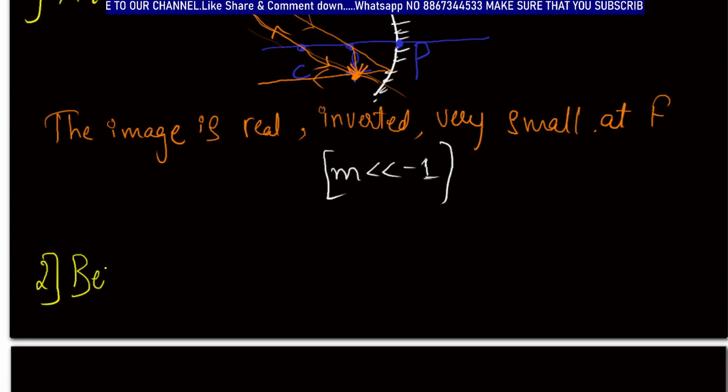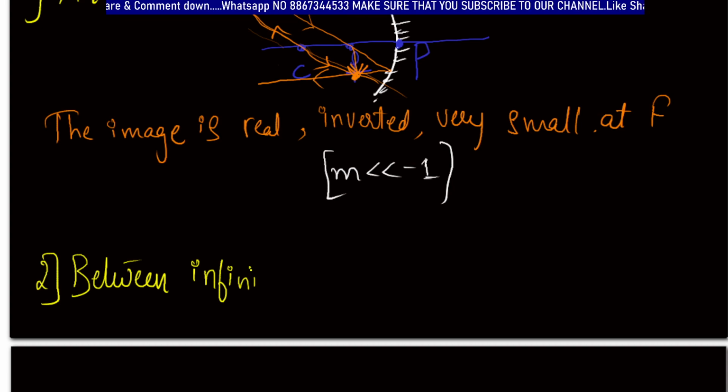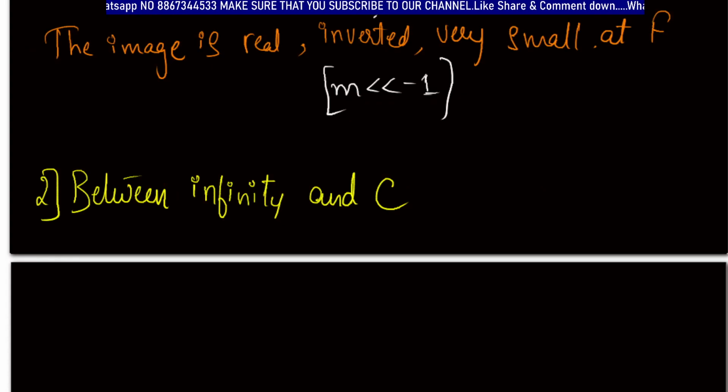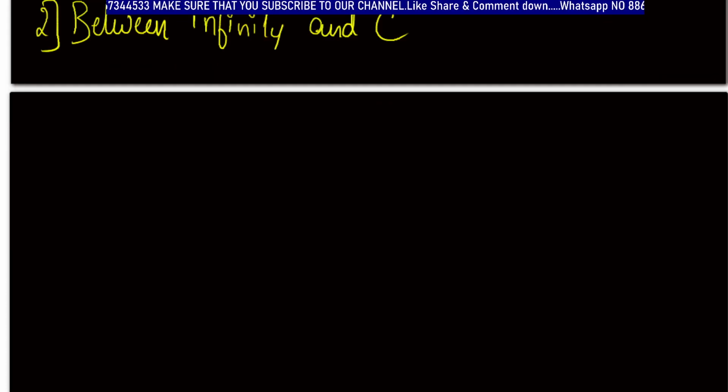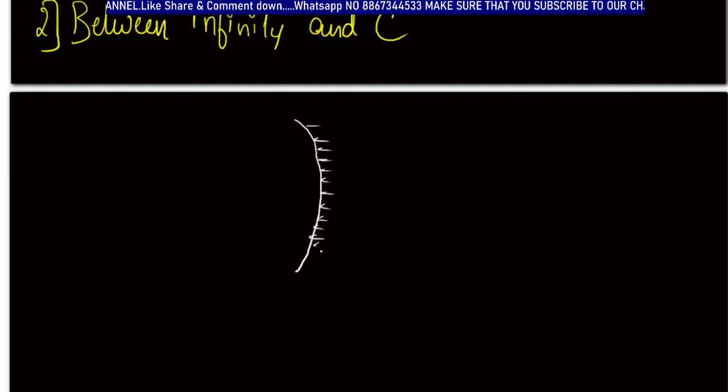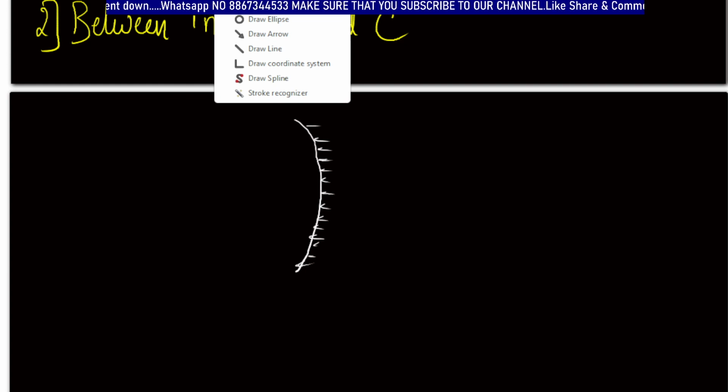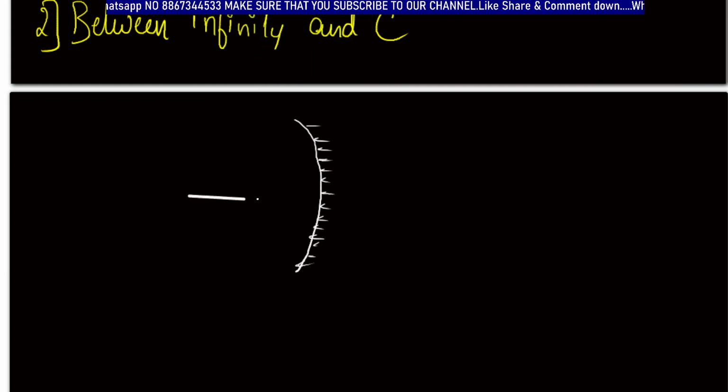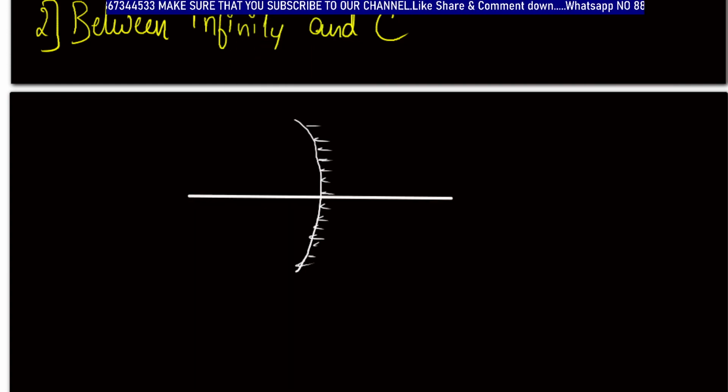The second point is when an object is between infinity and center of curvature. So let us consider the mirror. This is the concave mirror. This is the polished, reflecting surface. This is the principal axis.